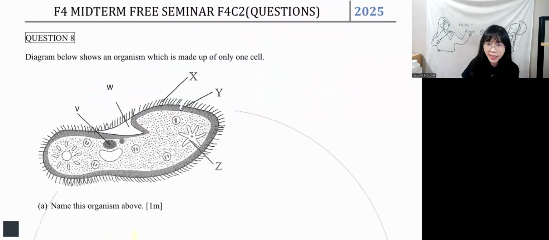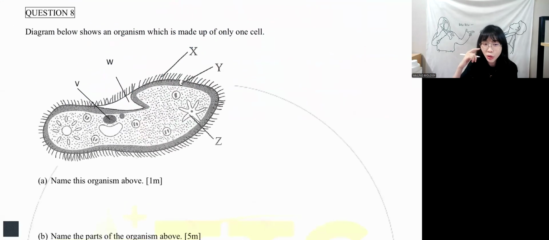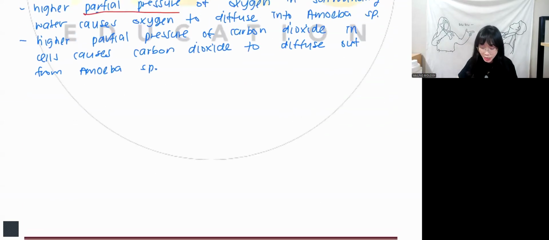The diagram below shows an organism made up of only one cell, which is also unicellular. We label V, W, X, Y, Z. We start with V first. Even writing down the concentration cannot be accepted as well. Writing down the concentration gradient is correct. If you write oxygen moves down the concentration gradient, it is actually correct. But if you talk about gases exchange, you still have to explain your answer.